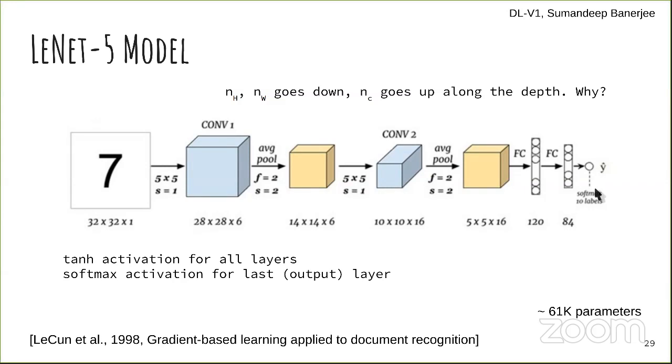I think I have already answered the NH, NW part earlier: with every passing layer, we want to build upon the small features, like very simple features such as edges, corners, and blobs, and slowly start building bigger and bigger structures.